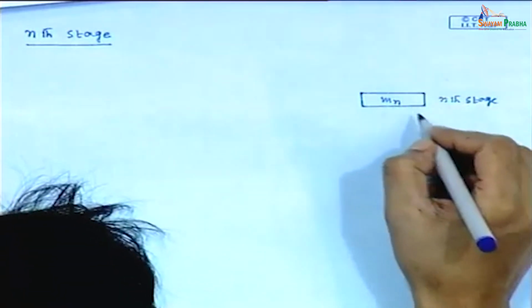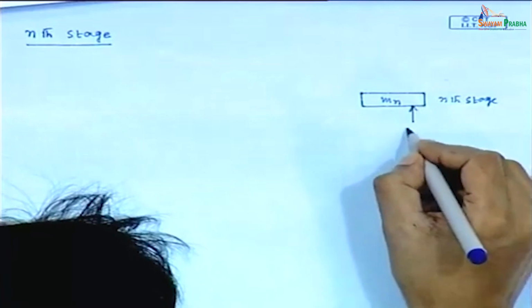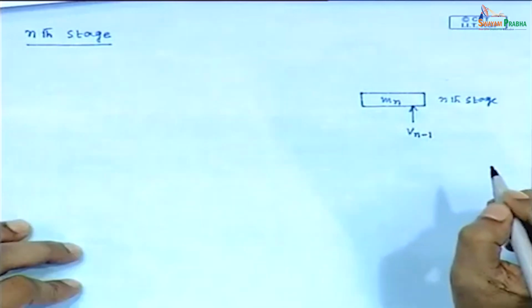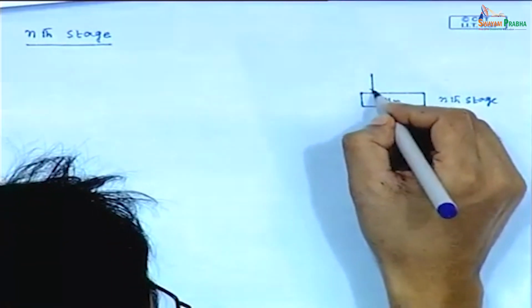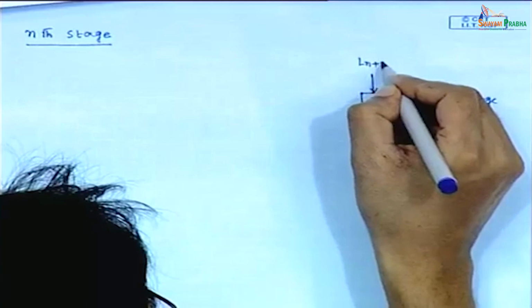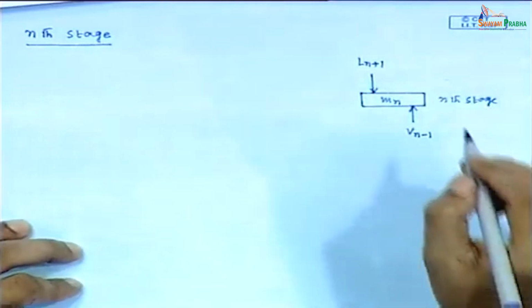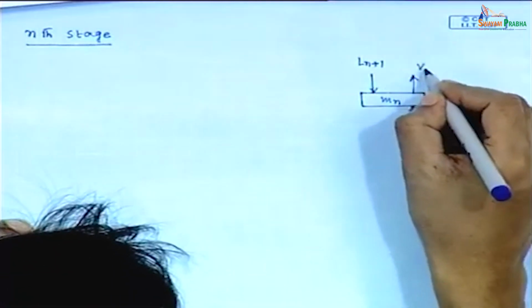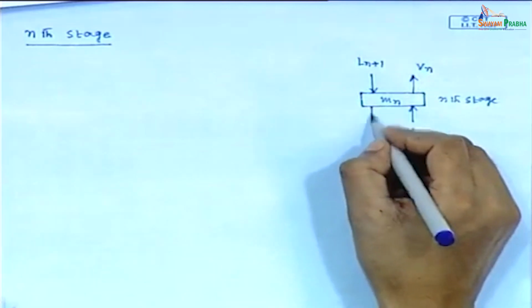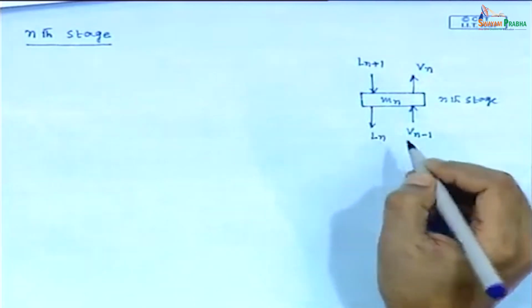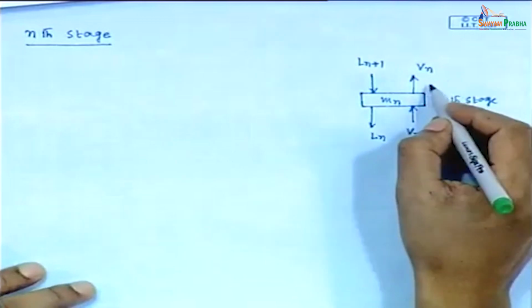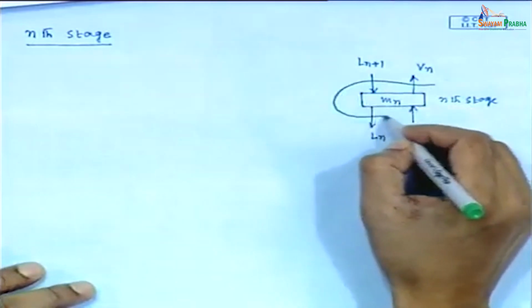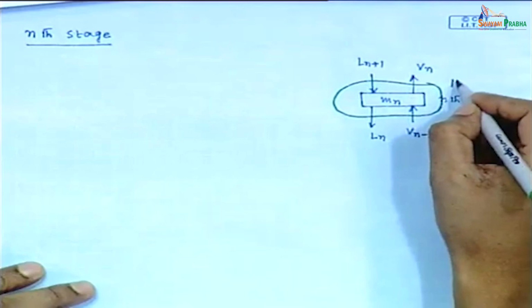Input streams are V n minus 1 and another one is L n plus 1. Outgoing streams are V n and another one is L n. This is the third envelope.